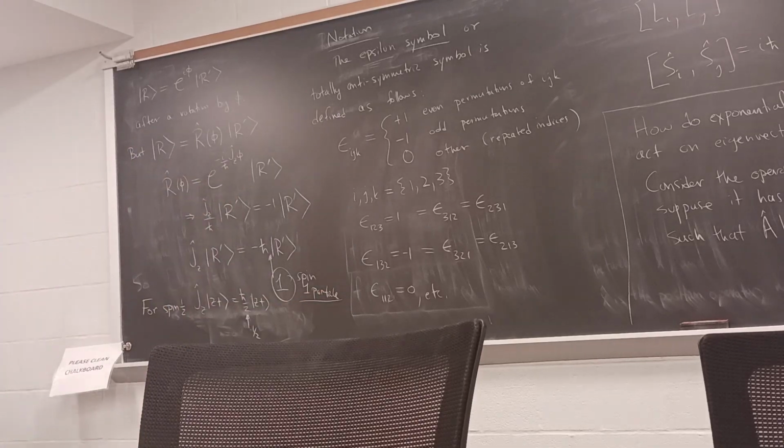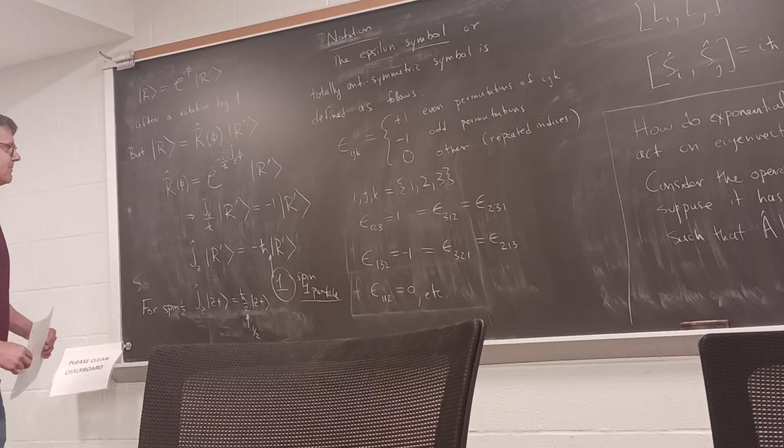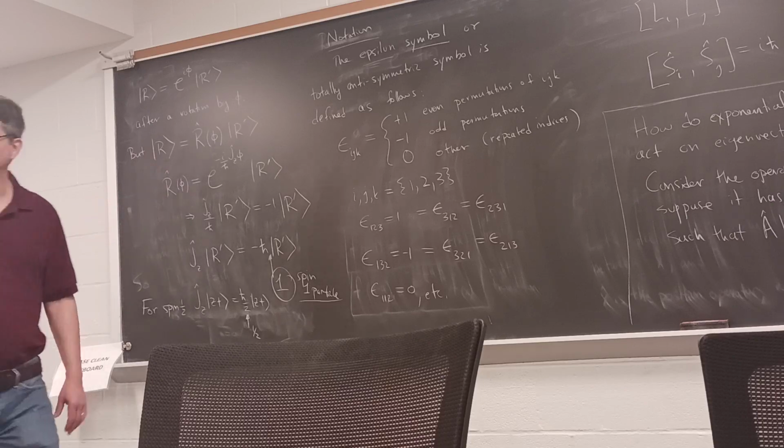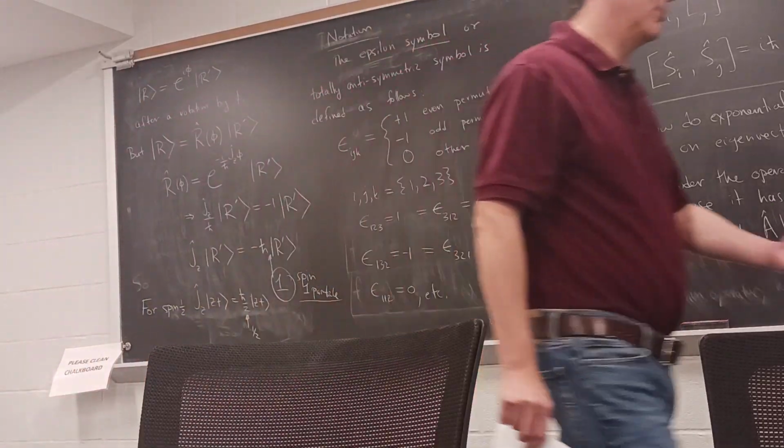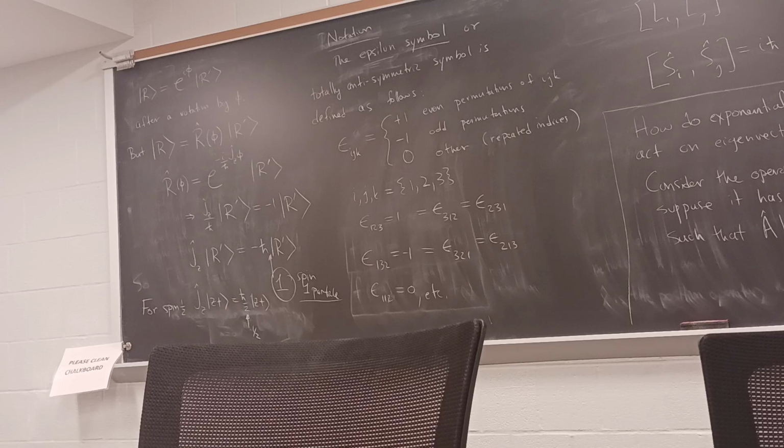So the photon is spin 1. Okay? So that's the power. Now you know how to calculate the spin of the particle.